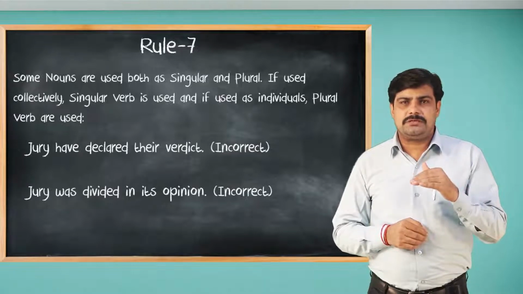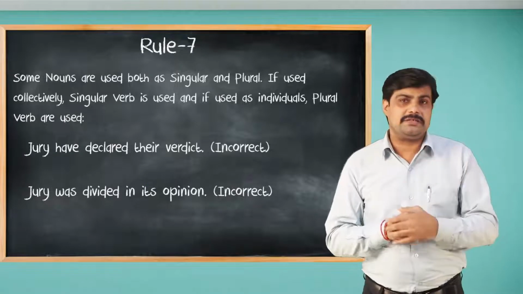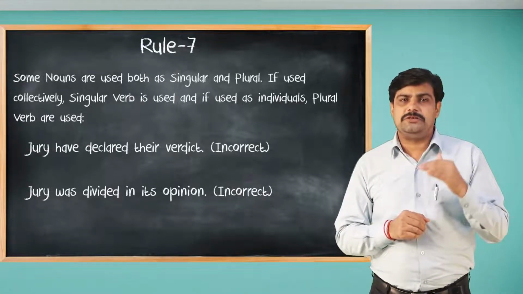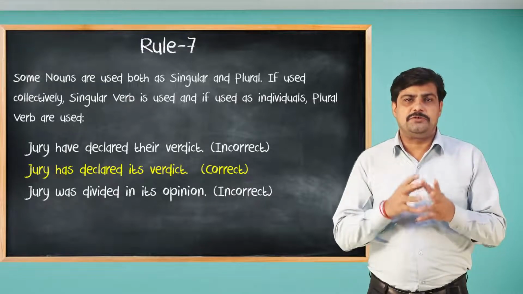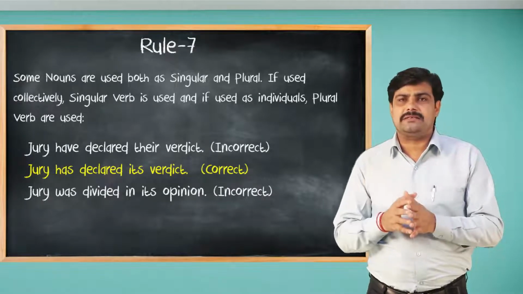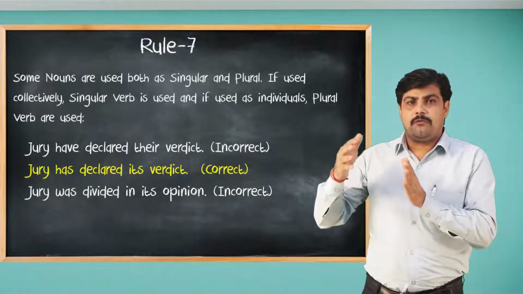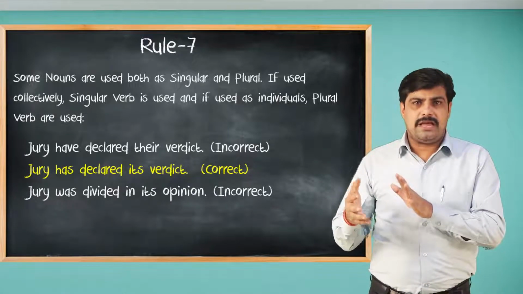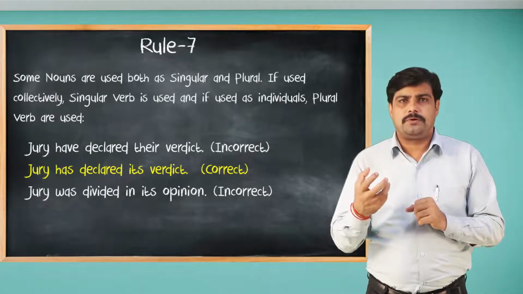One jury is used in a plural sense, and the other jury is used as a collective one. In the first sentence, jury has declared their verdict, it is incorrect because when they deliver a verdict, they do so unanimously. So they represent a group.